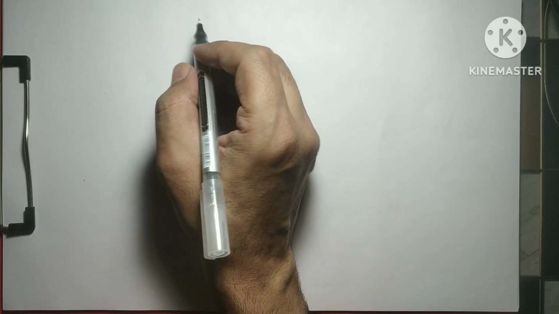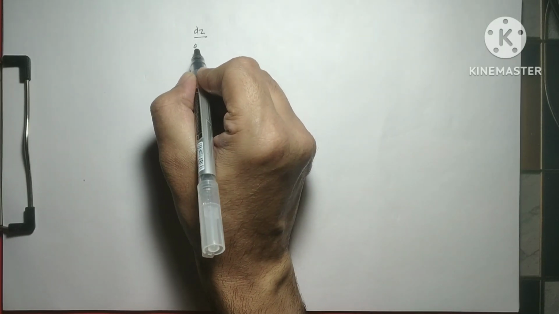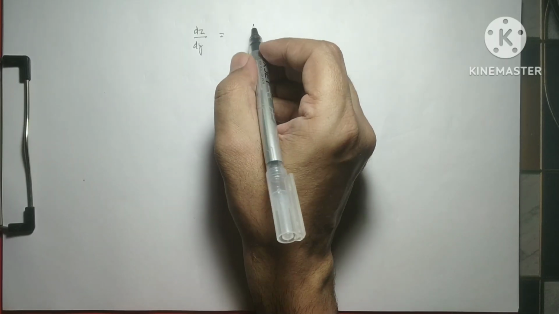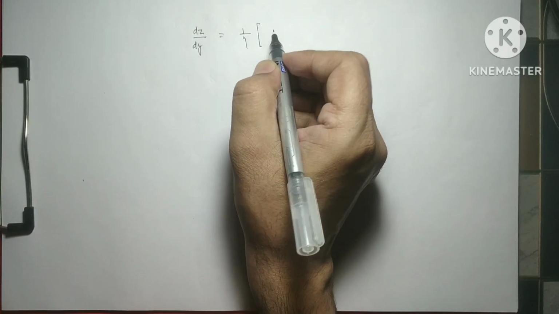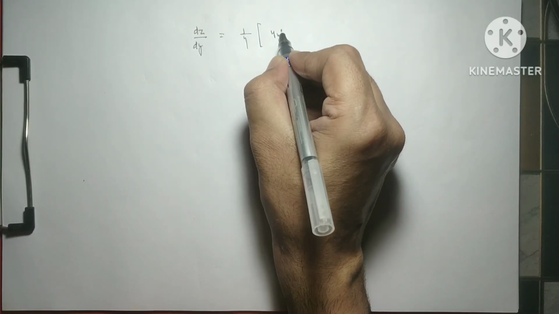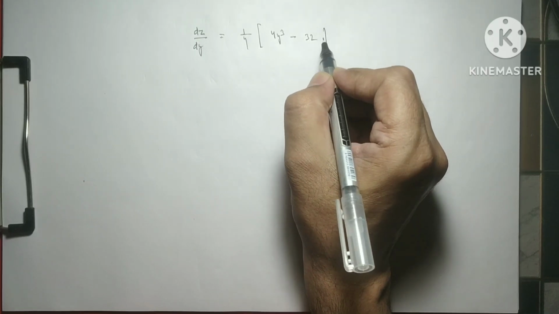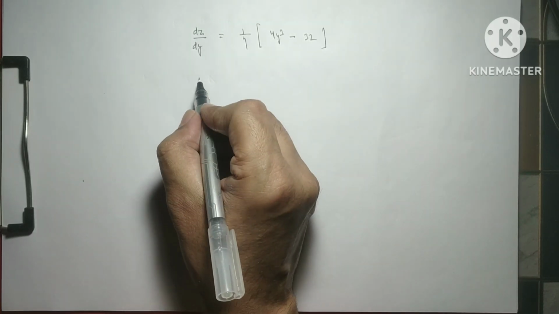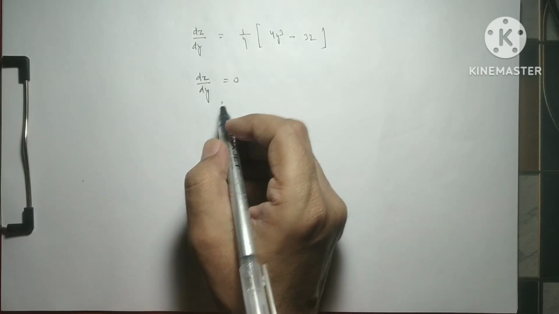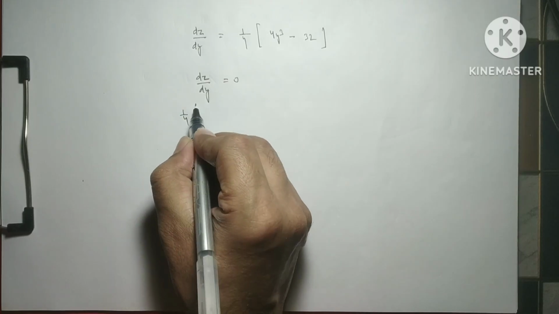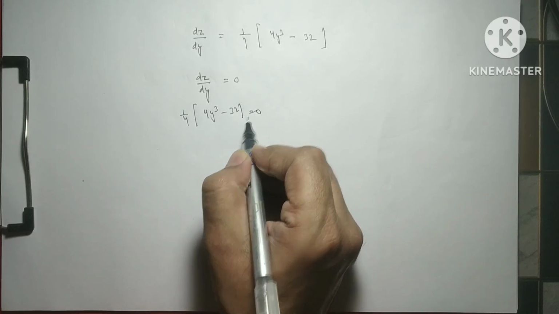We will collect the first derivative of z, that is dz over dy. So we have 1 by 4, and on differentiation we get 4y cube minus 32, and when we put it equal to 0, we get 1 by 4 into 4y cube minus 32 equals 0.